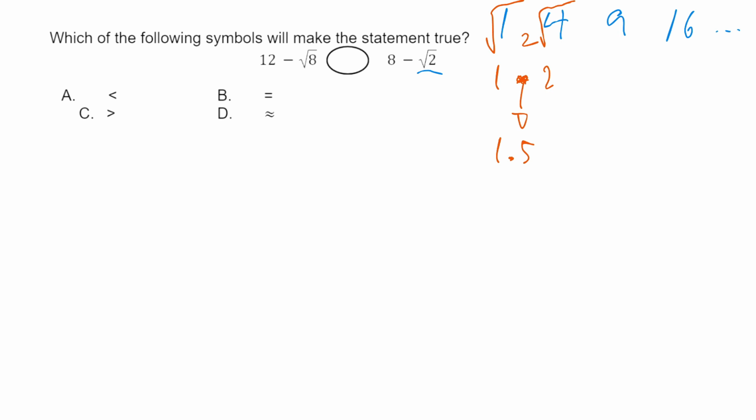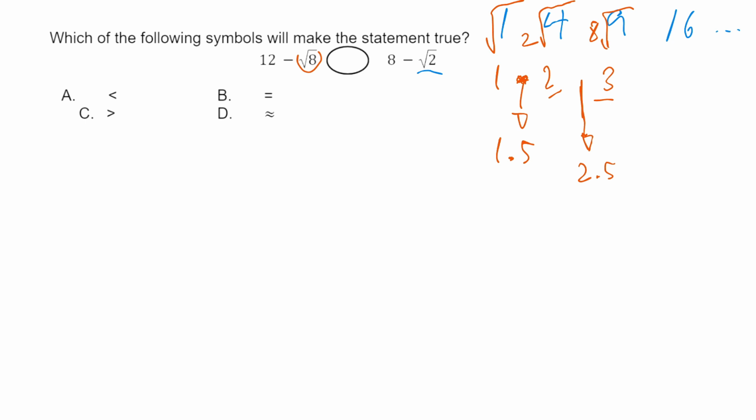Now, what about square root of 8? 8 is in between 4 and 9. And again, the square root of 4 is 2. And the square root of 9, okay, is 3. That means to say that the square root of 8 is in between 2 and 3. Okay? And the exact number in between 2 and 3 is 2.5.